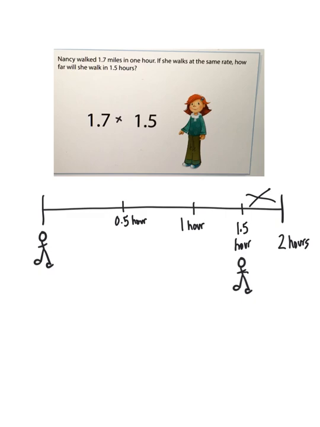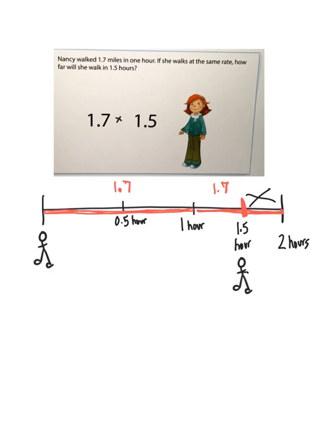In 1 hour, meaning from here to here, she was able to go 1 7/10 of a mile. And then if she had gone a full 2 hours, she would have gone another 1 7/10 of a mile. But because she stopped here, our job is to figure out what her distance was.